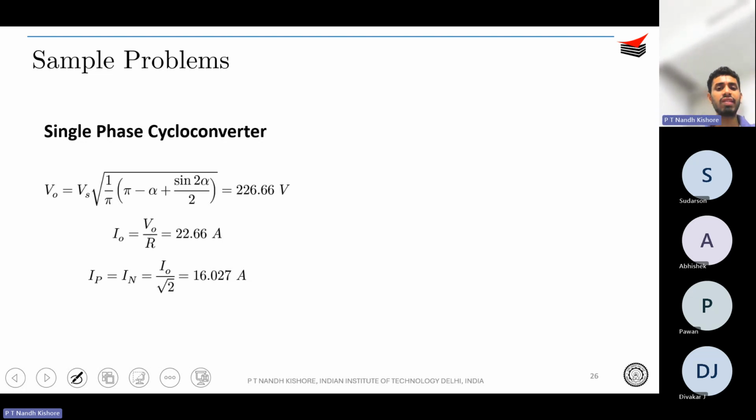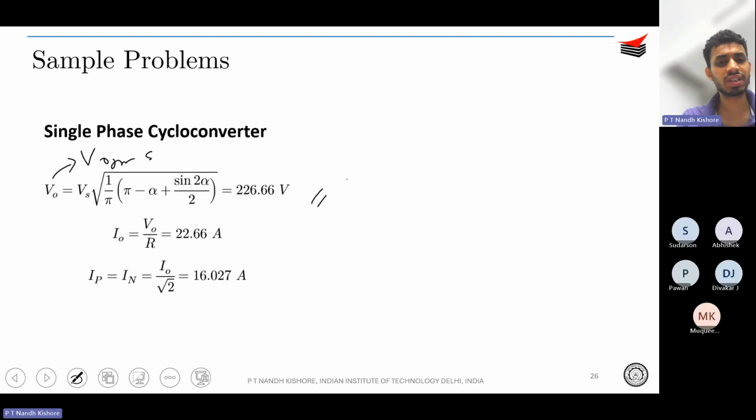In that case, just compute your V naught RMS. Since it's a resistive load, I naught is simply V naught RMS over R. Therefore, your individual converter current is going to be I naught over √2.